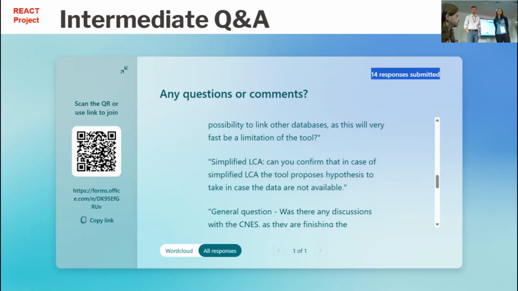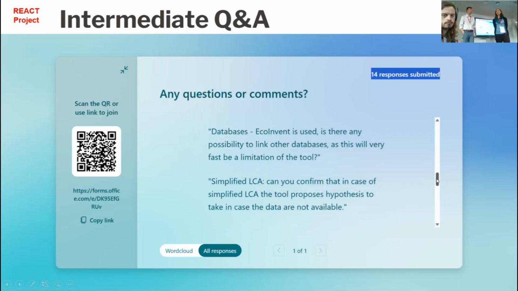Do you want to address the simplified LCA question? Can you confirm that in the case of a simplified LCA, the tool proposes hypotheses to take in case the data are not available? Basically, if you have a data gap or you don't know yet how this will look, the question is whether ACT will propose a certain value or material for that.